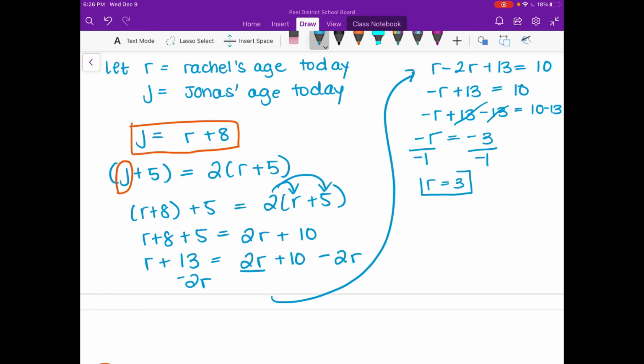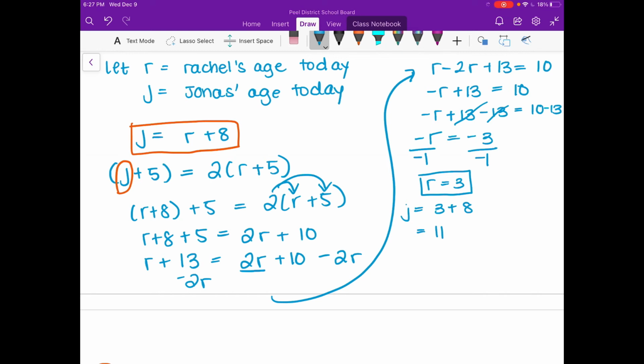That means Rachel's age is 3 today. So if I want to find out how old Jonas is, Jonas is equal to 3 plus 8, which is 11. So Jonas today is 11.